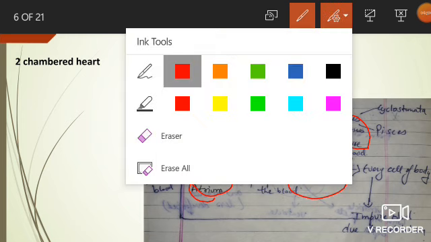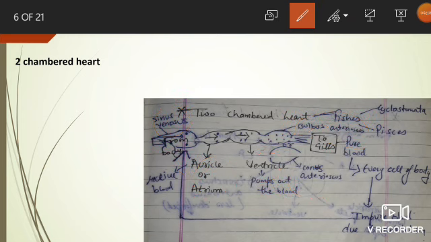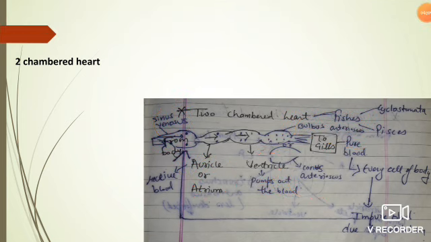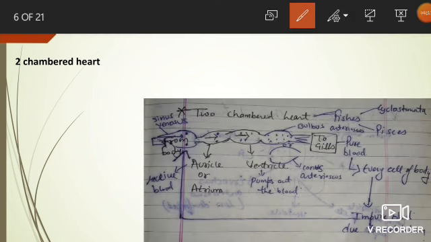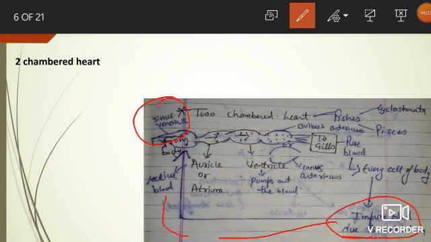Now we will see the circulation of blood in the two chambered heart. First of all, impure blood due to metabolism is received by sinus venosus, and after sinus venosus it is received by the auricle or atrium. Then it goes to the ventricle.